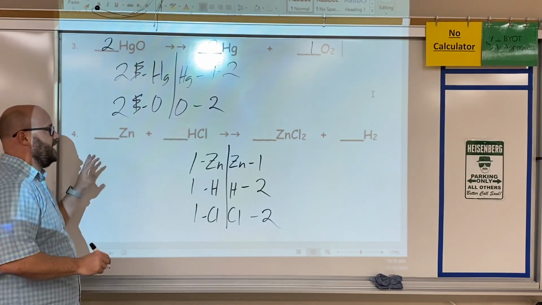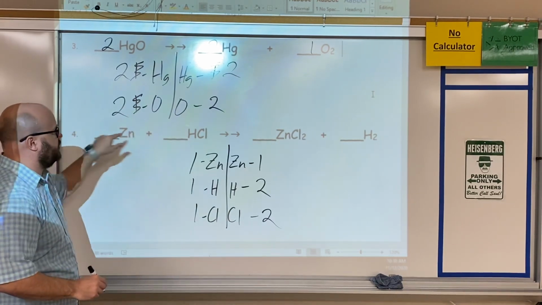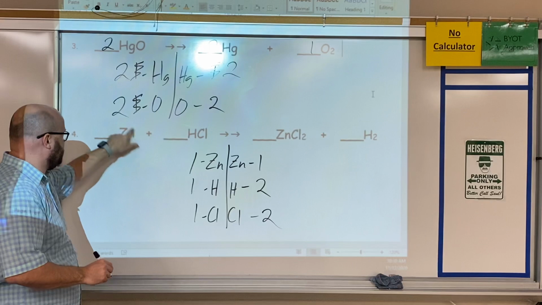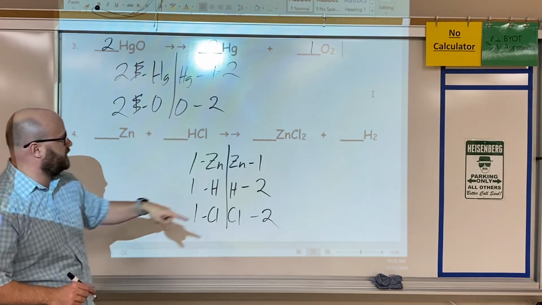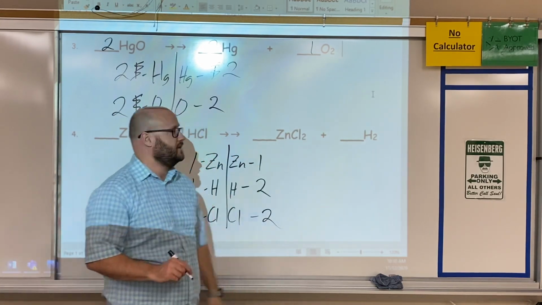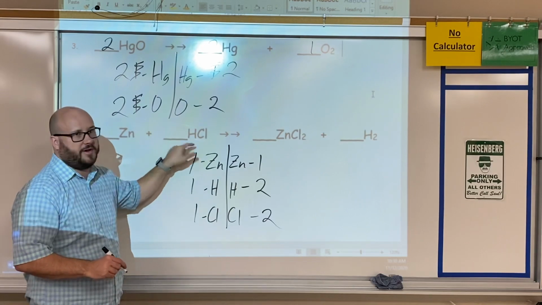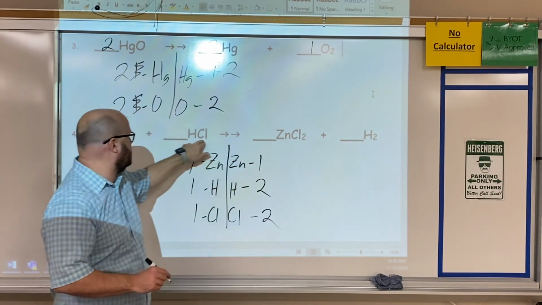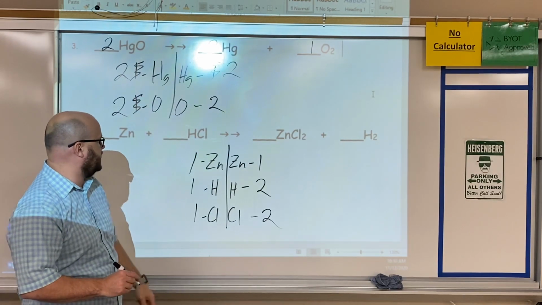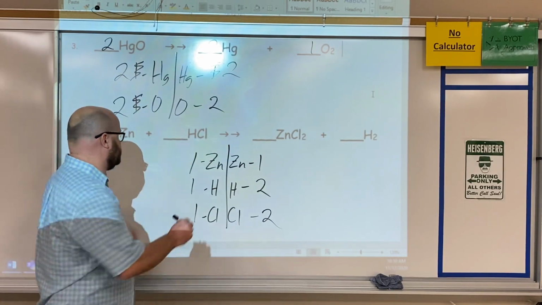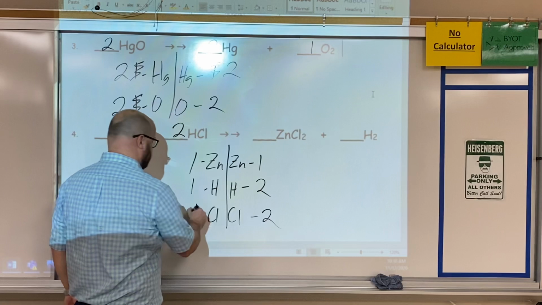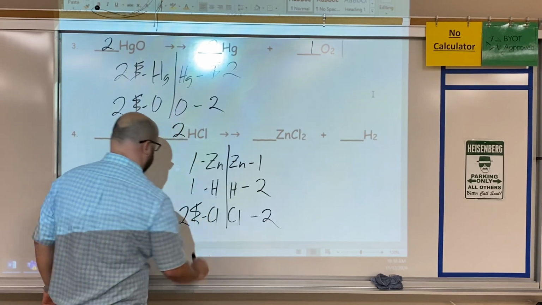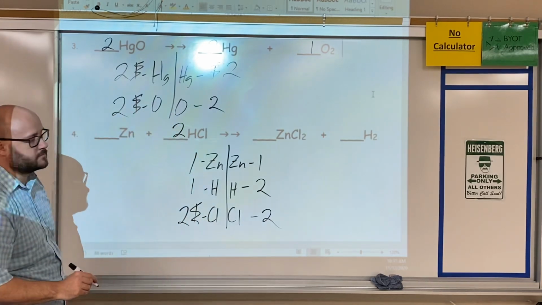So right off the bat, look at your equation and see zinc is a wild card, and so is hydrogen. So that leaves us to balance chlorine first. Chlorine has 2 on this side and 1 on this side. We need to make this chlorine 2. We can do that by adding a 2 in front of it.